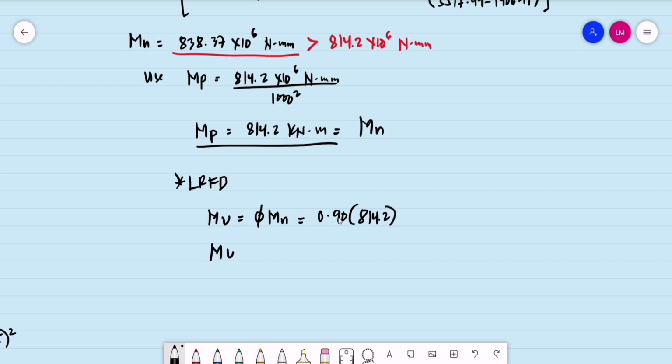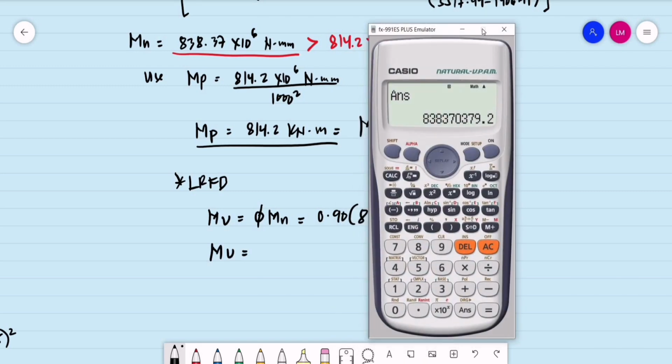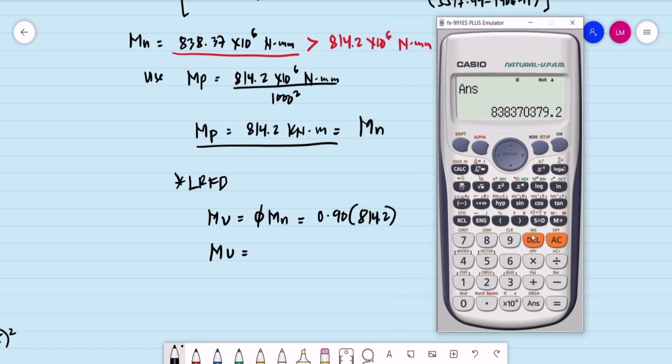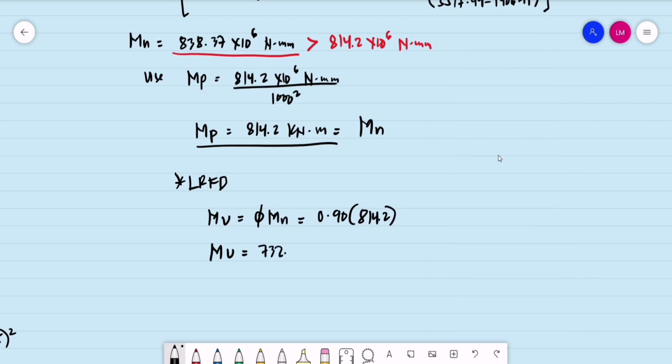So our Mu capacity is now equal to, what is 0.9 of 814.2? It is equal to 732.78 kilonewton meter. So this is the capacity.